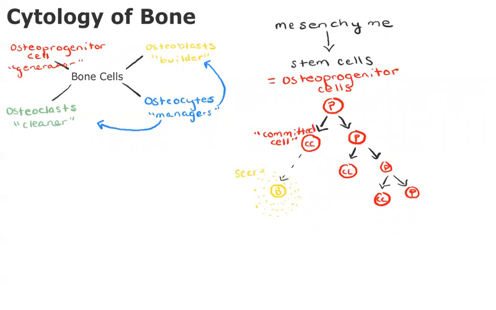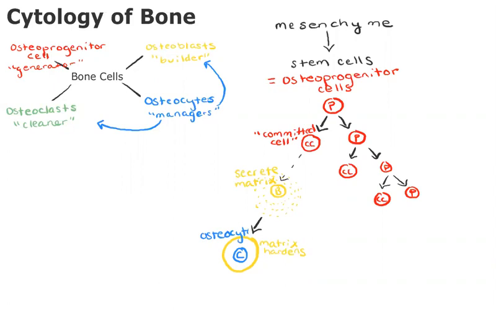So our osteoblasts are going to secrete matrix. That's how they build. But eventually that matrix is going to harden. And when the matrix around the osteoblast hardens, then inside of it, we now are going to call that cell an osteocyte because it's trapped.